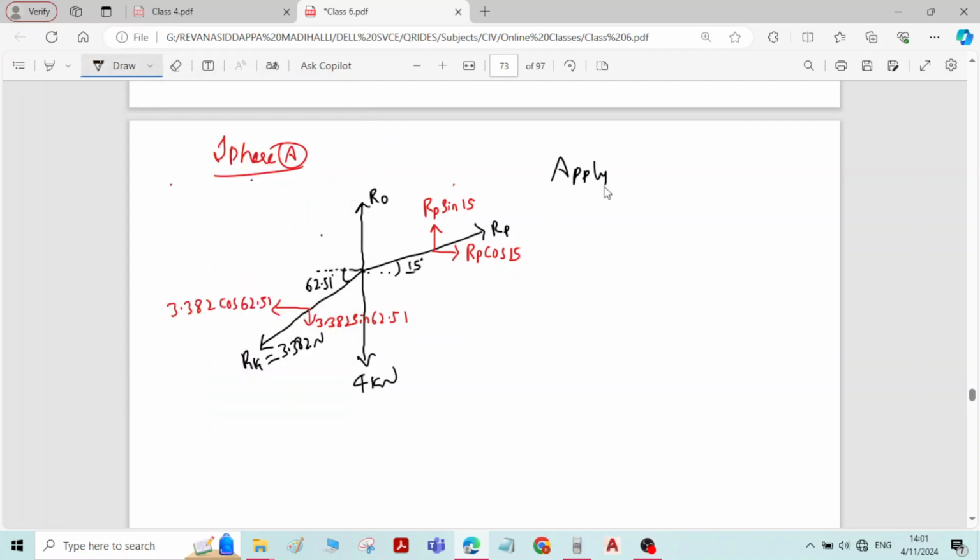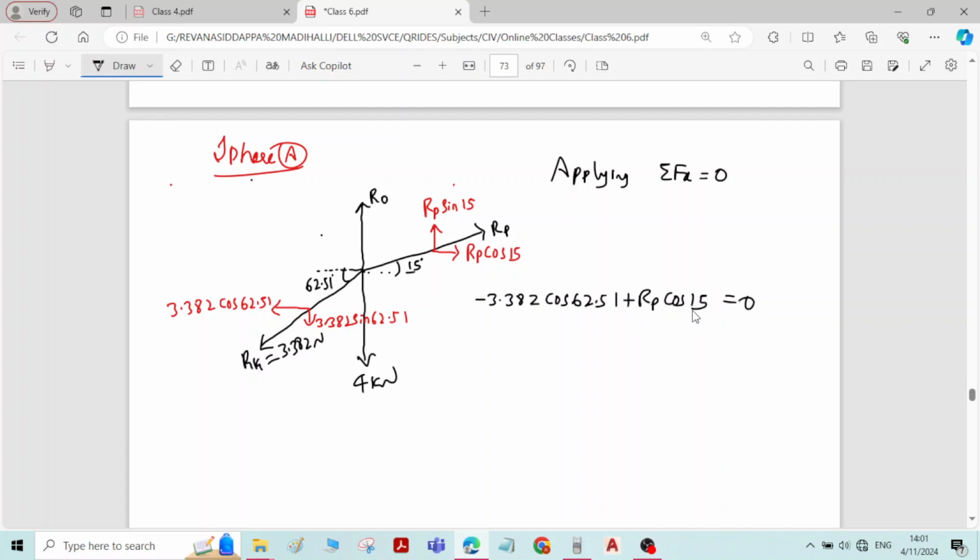Applying sigma Fx equal to 0. First equilibrium condition, sigma Fx equal to 0. Therefore it is minus 3.382 cos 62.51 plus RP cos 15 is equal to 0.